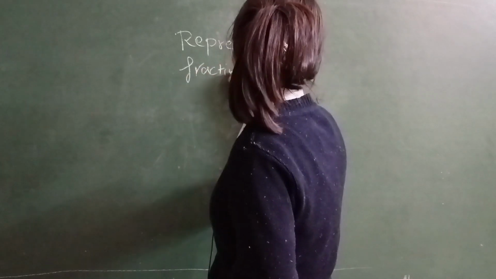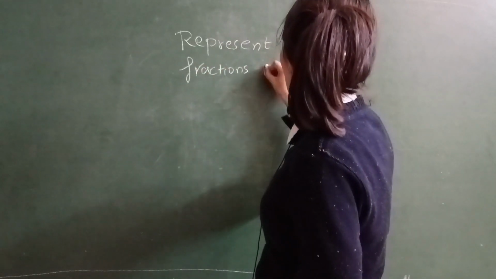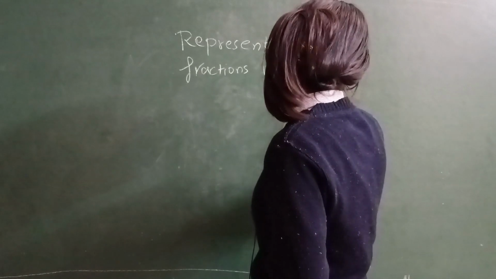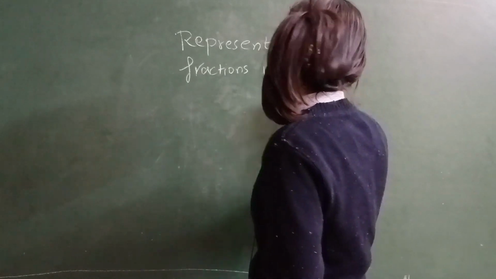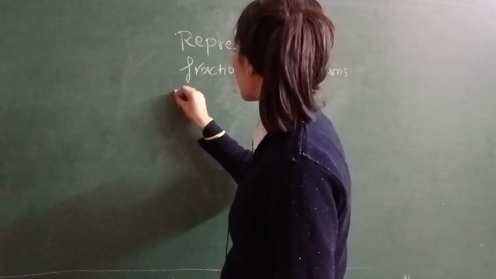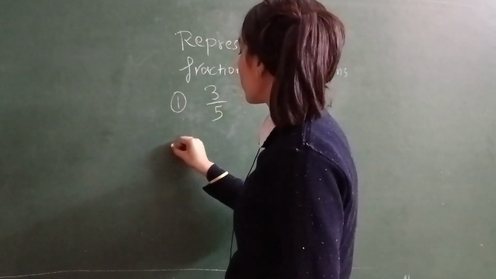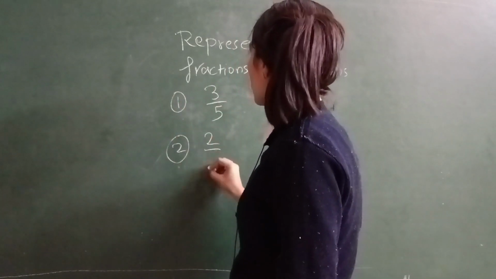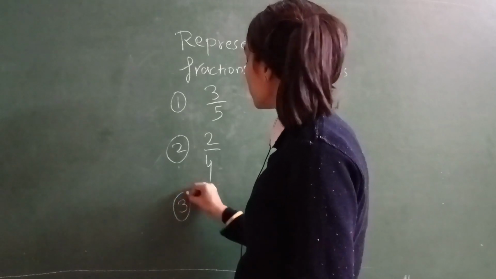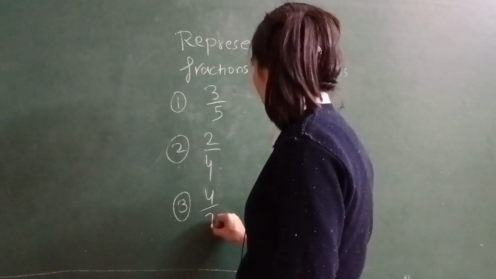Represent given fractions in diagrams. First is 3 upon 5, second is 2 upon 4, and third is 4 upon 7.